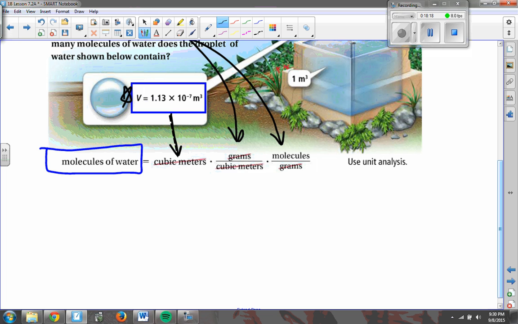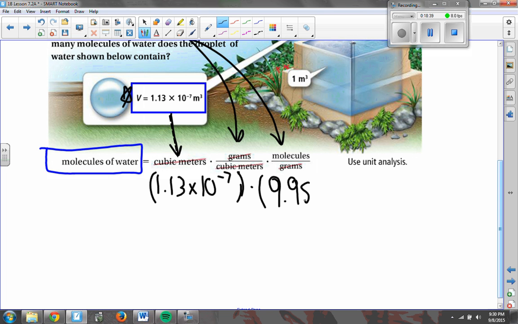I know that cubic meters is 1.13 times 10 to the negative 7th power. And then I'm going to times that by how many grams per cubic meter there were. If you look in your book, you can see that that is 9.98 times 10 to the 5th power.